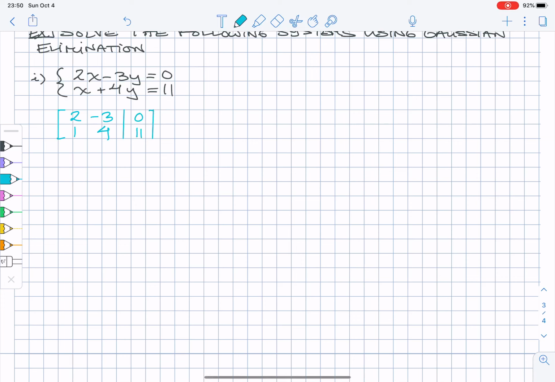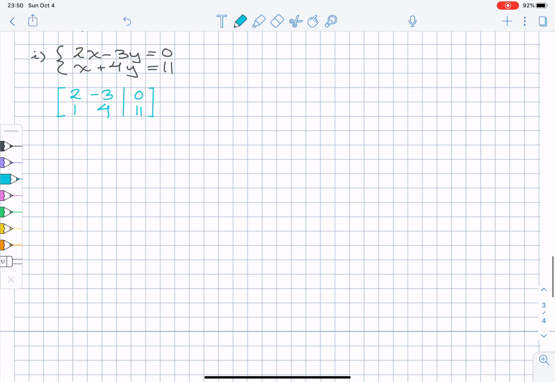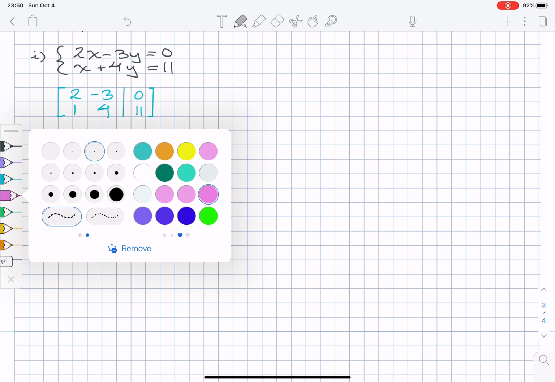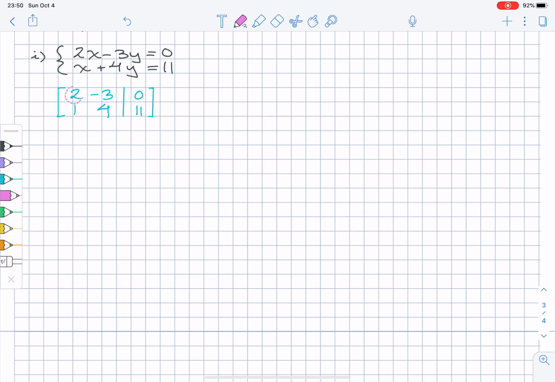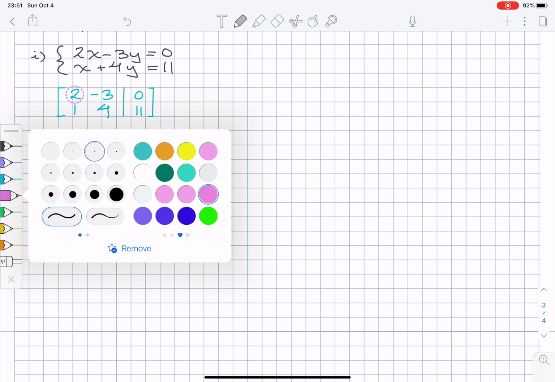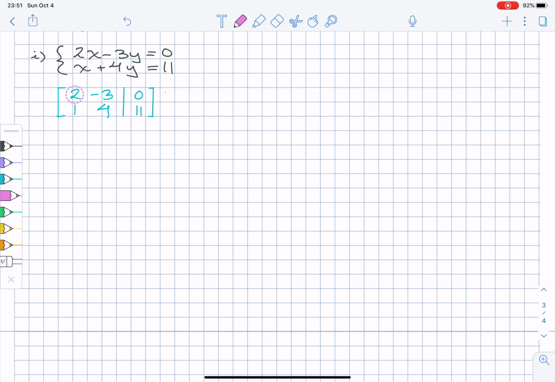Bracket. So my first goal is to get a 1 where this 2 is, right? So step 1 is to make this 2 a 1. So to that end, I'm going to say row 1 minus row 2, because that'll get me a 1 in that place.